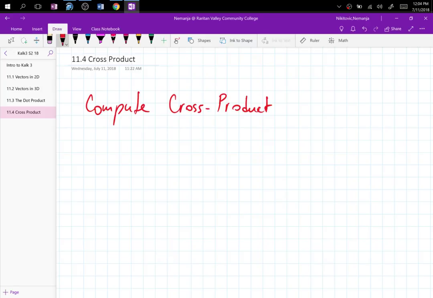I am going to start with vector u, and I'll just put A, B, C because it's shorter than writing u1, u2, u3, and the vector v as D, E, F. So this is our setup.